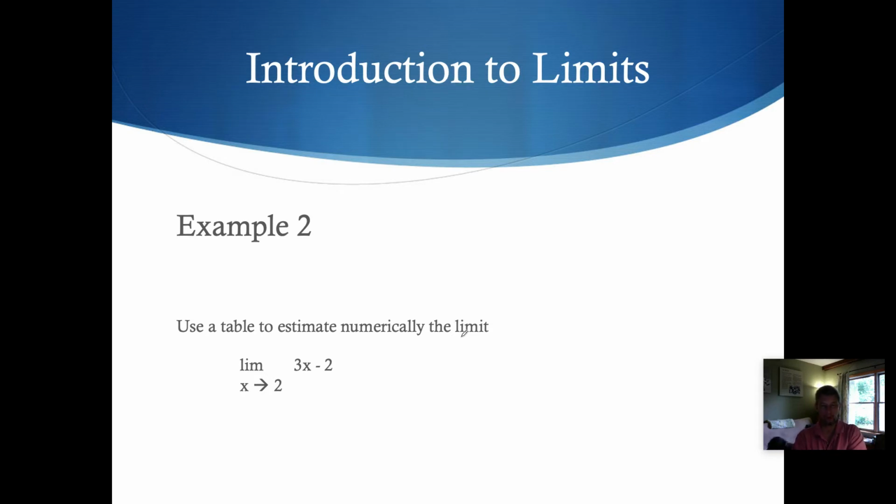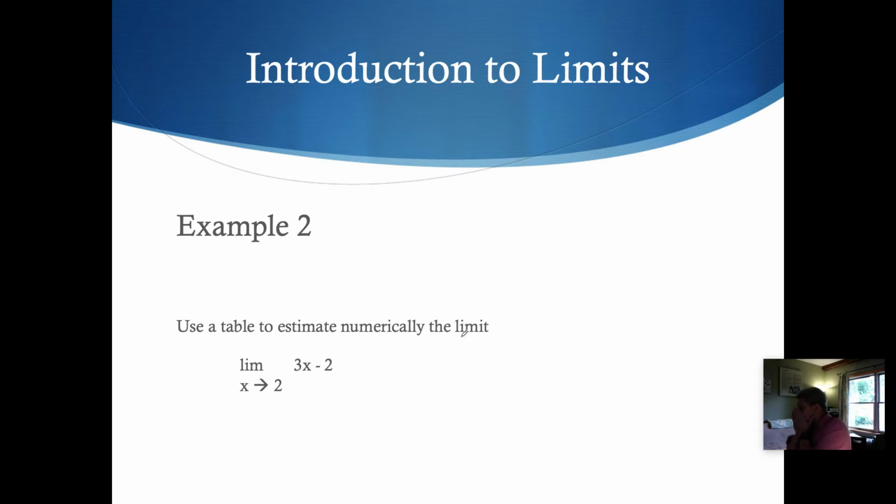All right, once again, the limit as x approaches 2 of 3x minus 2. So what are we going to do here? Well, again, we're going to start by building ourselves a table, all right? The values of x will go in the top row, and the values of f of x, which is 3x minus 2, will go in the bottom row.